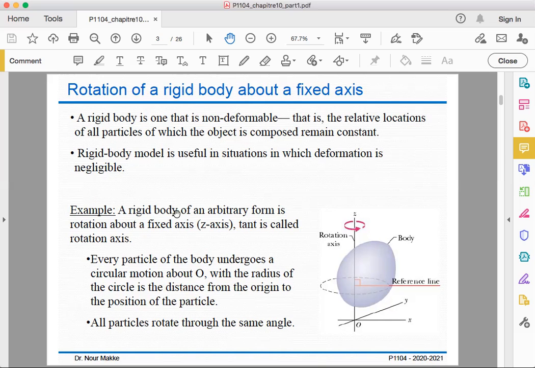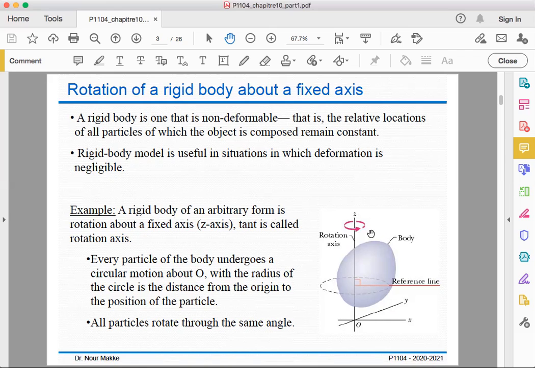So in other words, when a rigid body rotates about a given axis, its shape will not change, and the position of all the particles relative to each other also will not change, they will remain constant. For the fixed axis, of course, it's clear for everyone what it means.